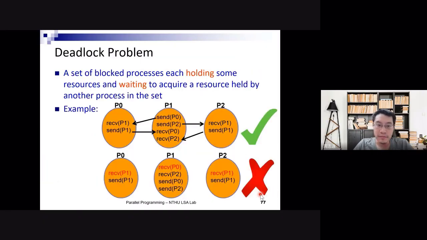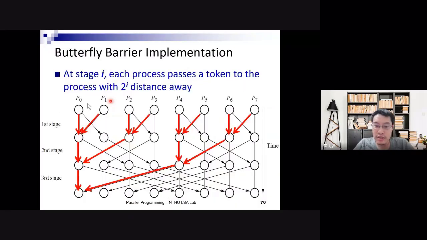All right, so we jump back to the deadlock problem. As we mentioned, as you can see from the previous example, there are so many send and receive messages going on, and the messages need to be sent and received in a particular order in order to have a correct implementation.